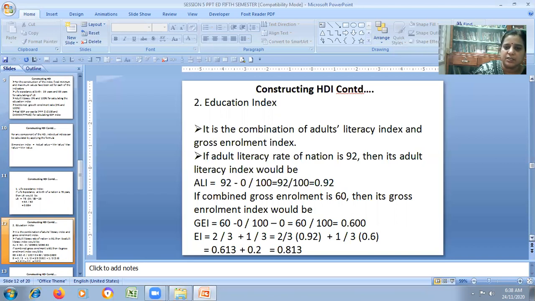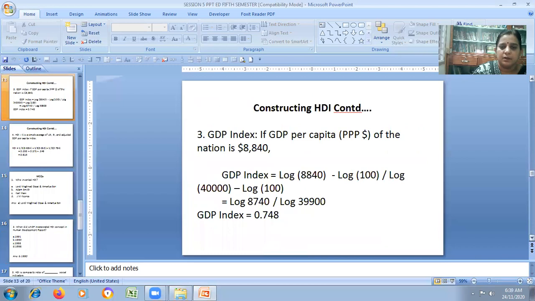If combined gross enrollment is 60, then its gross enrollment index, GEI, is equal to 60 minus 0 divided by 100 minus 0. The value will be 0.6. Therefore, the education index will be 2 by 3 times 0.92 plus 1 by 3 times 0.6, which is equal to 0.813. Therefore, the education index value will be 0.813.